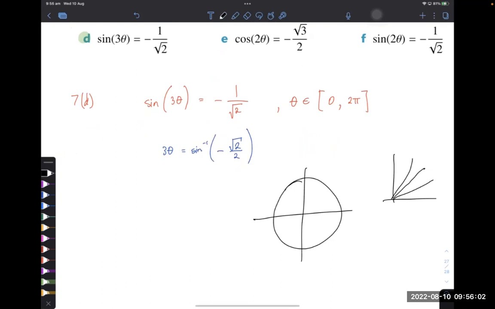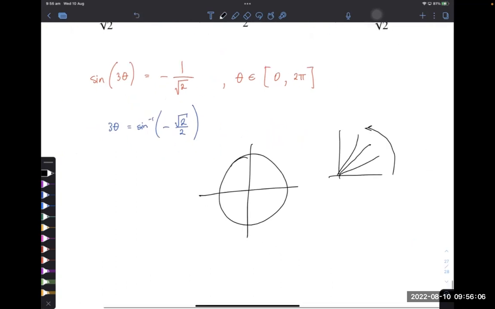1, 2, 3. I need sine to give me 2 fingers because I want root 2 on 2. So 1, 2, I put this finger down, that's my pi on 4 finger. My pi on 4 finger is the base angle. I know that sine inverse is going to give me some negative values, so it's going to be in the C and the T quadrant.